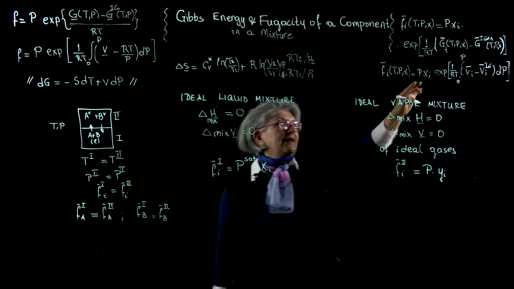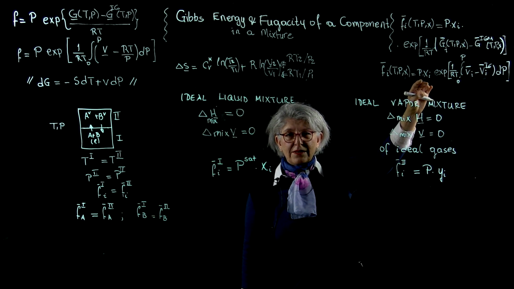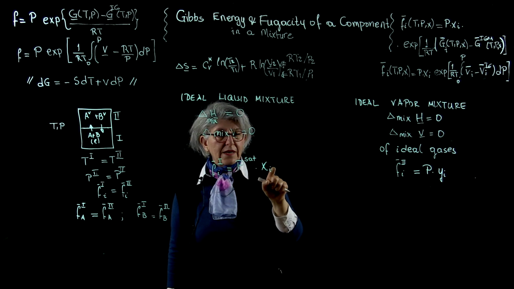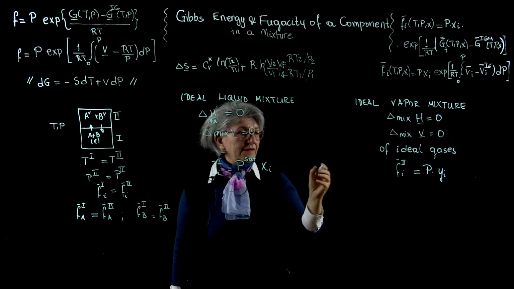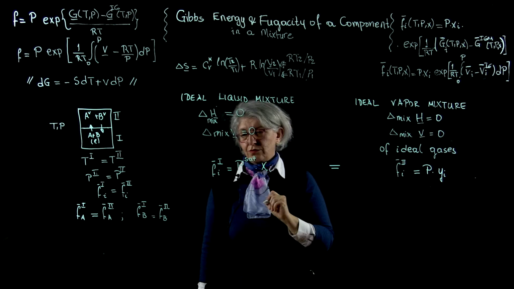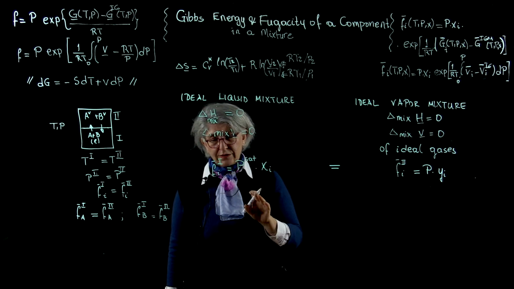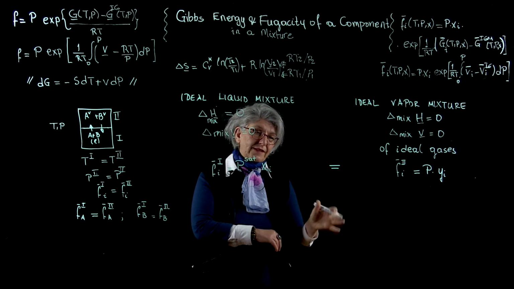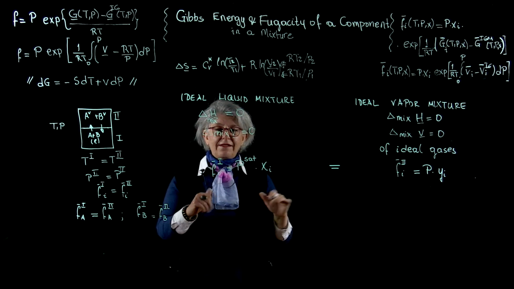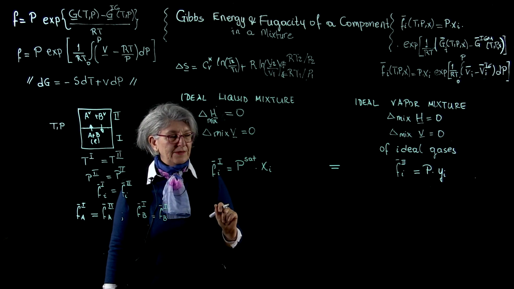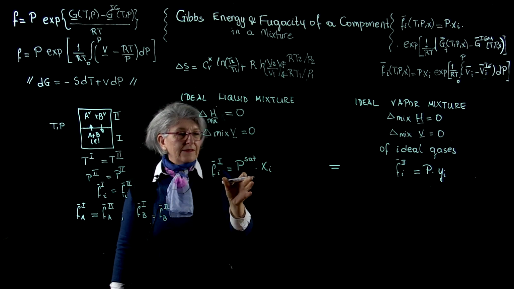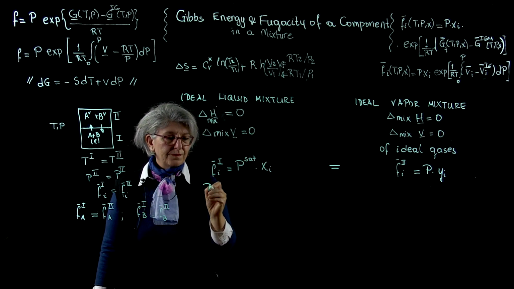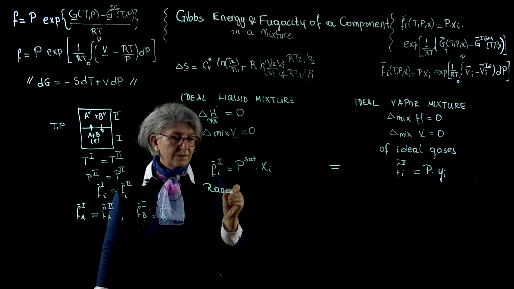And when we substitute it in here, times the liquid phase mole fraction. Now we are going to take these two and we are going to say that they are equal. So we have an ideal liquid mixture, an ideal vapor mixture of ideal gases, and we have equated their fugacities. All right? This expression is known as Raoult's law.